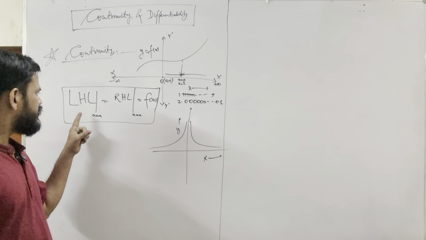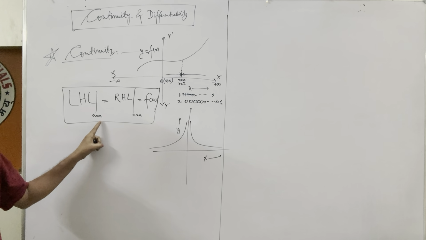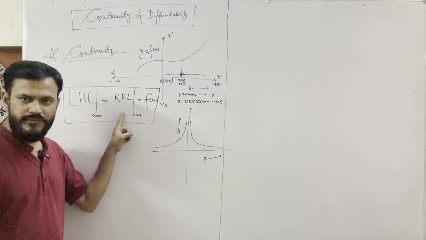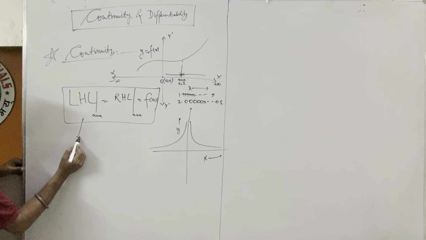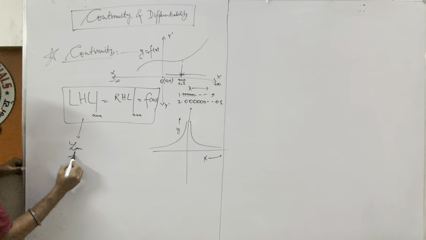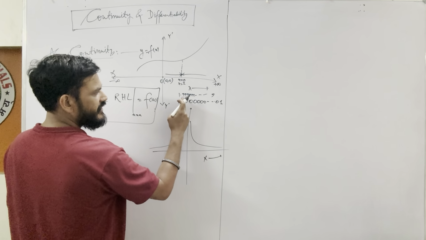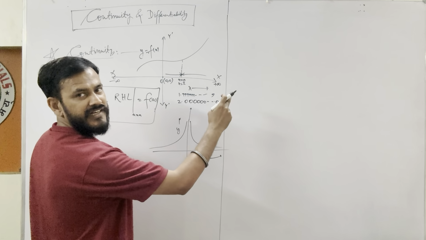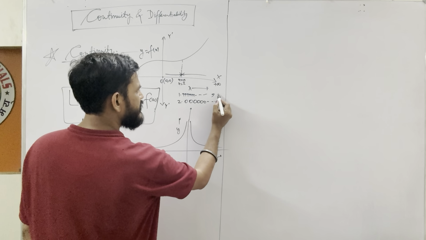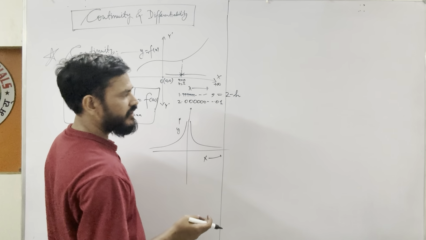Now, we'll try to find out algebraically what the left hand limit at x equal to a and the right hand limit at x equal to a look like. So let us write it down. Now you see, what is h? You are reaching 2 from the left hand side and your value is 1.99999999. So you may say this is equal to 2 minus h, where h is a very small number.